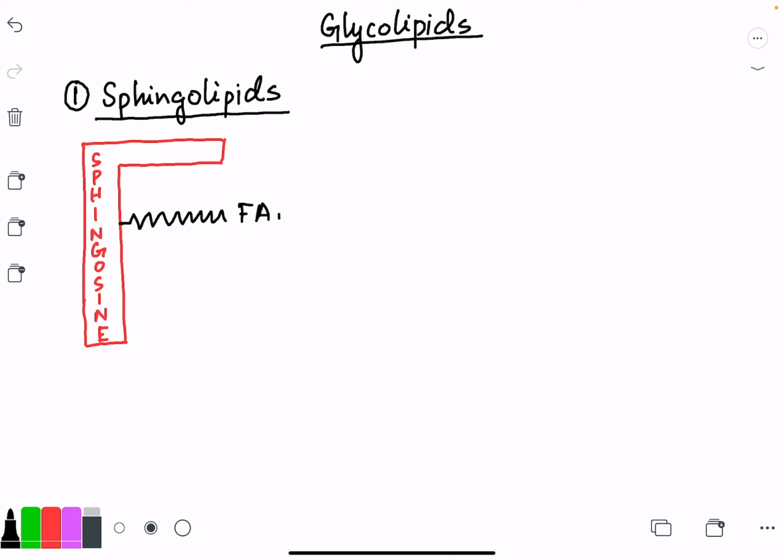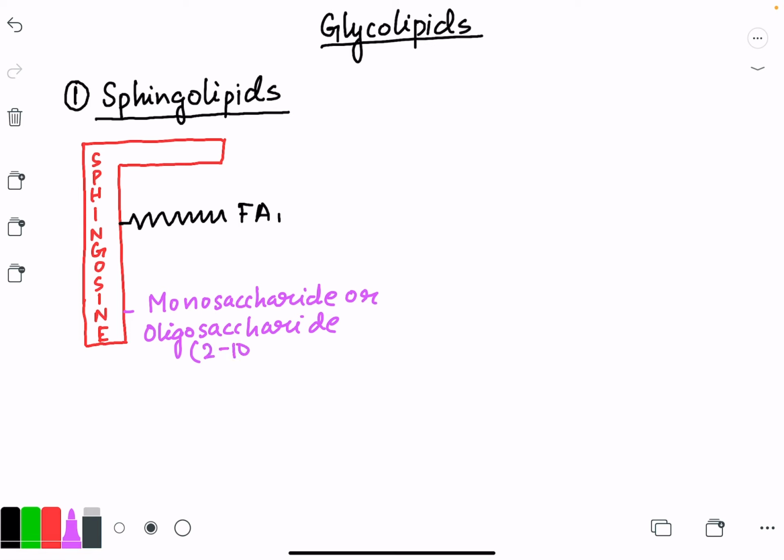Fatty acid 1, and this part will be attached to a monosaccharide or oligosaccharide. Oligosaccharides basically consist of 2 to 10 monosaccharide units. So this is the main difference between sphingolipid under glycolipids and sphingolipids under phospholipid.